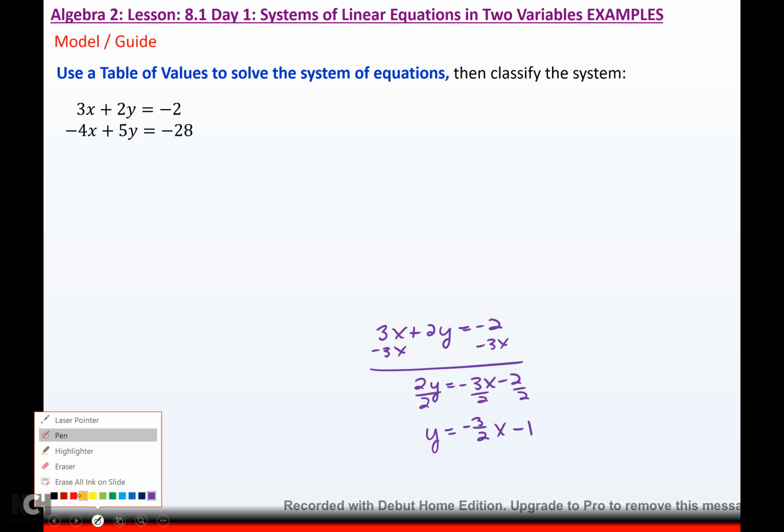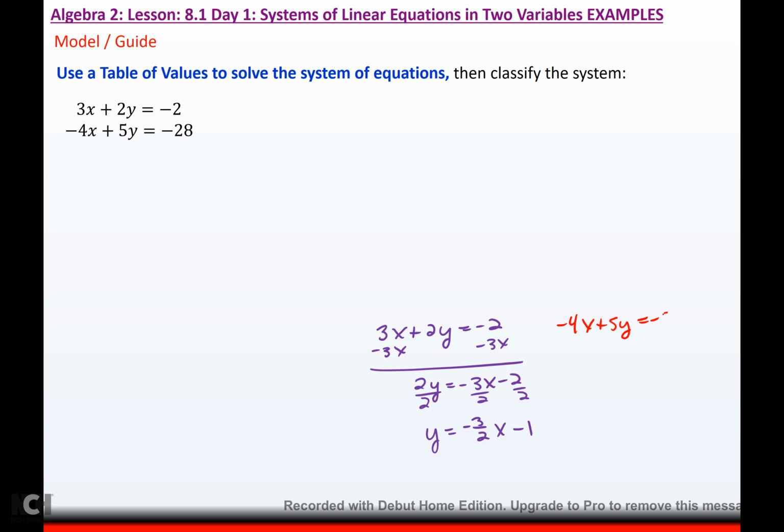My second equation, negative 4x plus 5y equals negative 28, add 4x, 5y equals 4x minus 28, divide by 5, y equals 4/5 x minus 28/5.